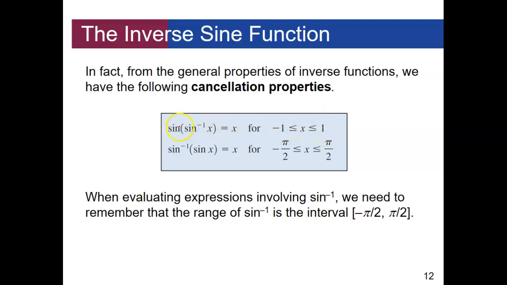So we get that cancellation as long as x is between -1 and 1. Here, because the sine function is the one we start with, the domain we restricted sine to is negative pi over 2 to positive pi over 2. If we compose those two together and our x is between these values, we get the cancellation and are just left with x. We need to be mindful of these different restrictions.